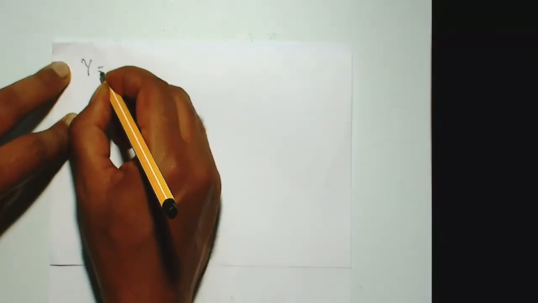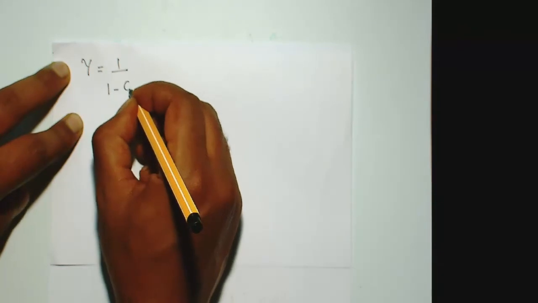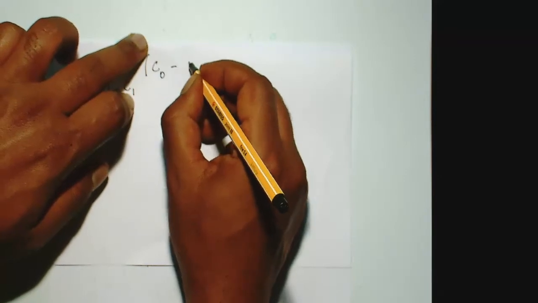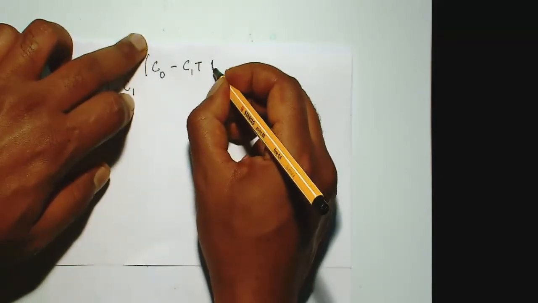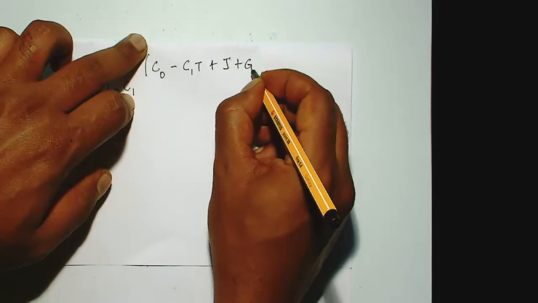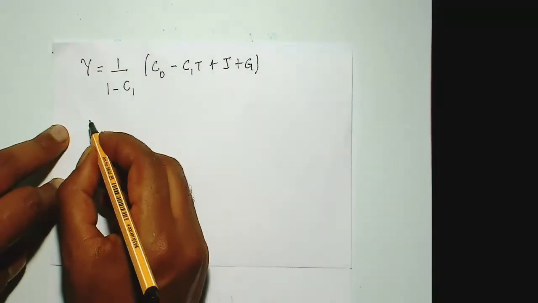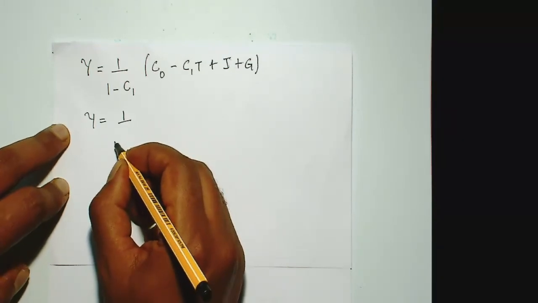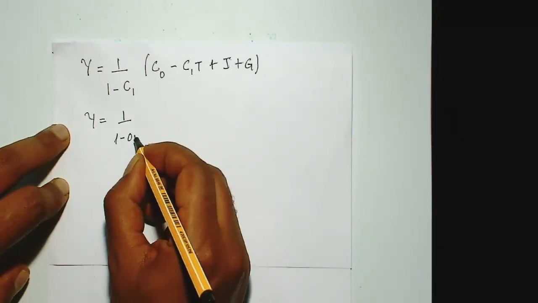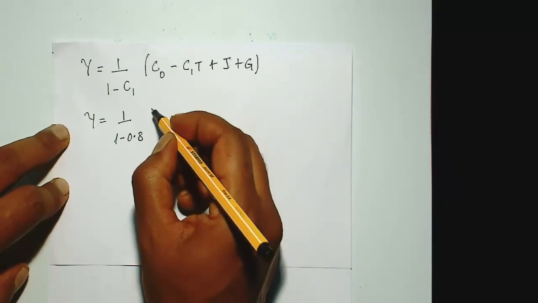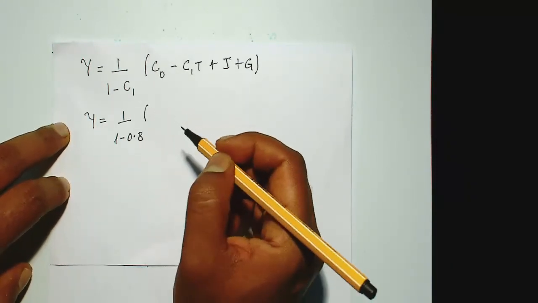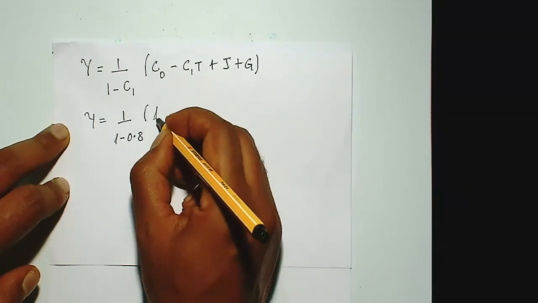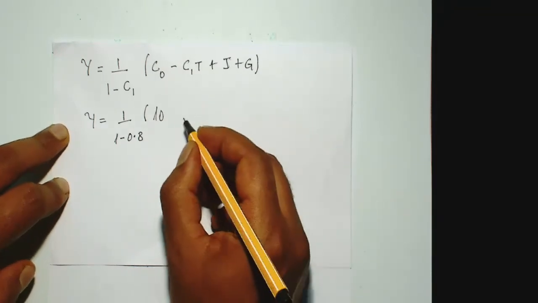You may remember that we also have this formula, which is the equilibrium condition defined, and we keep on using this formula in order to come up with the values that are going to be filled in the table. So here in our case, only the autonomous consumption changed, so we have 0.8 as the marginal propensity to consume, but instead of 50 for autonomous consumption, we have 10.